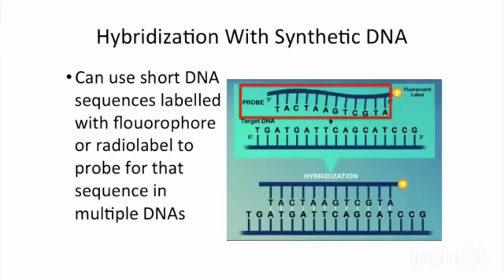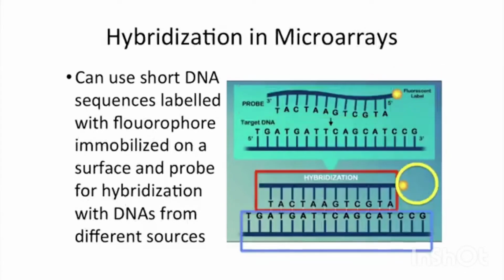You can make short DNA segments that are labeled with a fluorophore, so it has fluorescence that you can detect, and you can probe for that sequence in multiple DNAs by allowing the labeled DNA to hybridize with the DNA that you're testing. When you do that, you form a hybrid that is marked by the fluorophore.